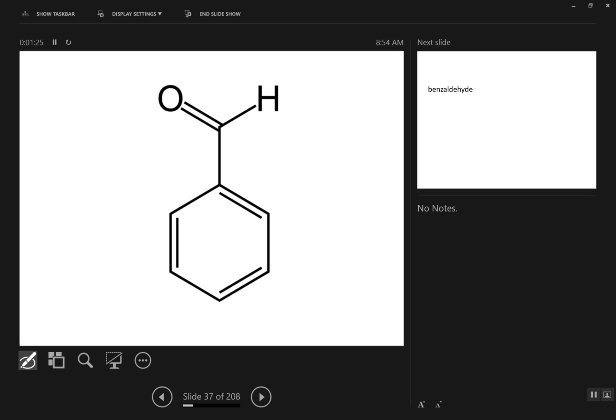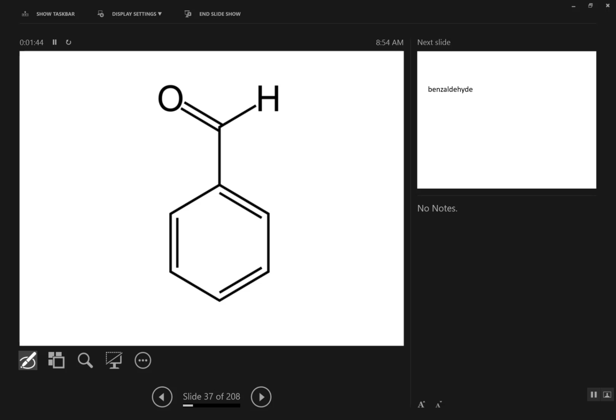What is that? It's a benzene, right? You recognize it now? Okay, that's a benzene. So that should help. That's part of the name.